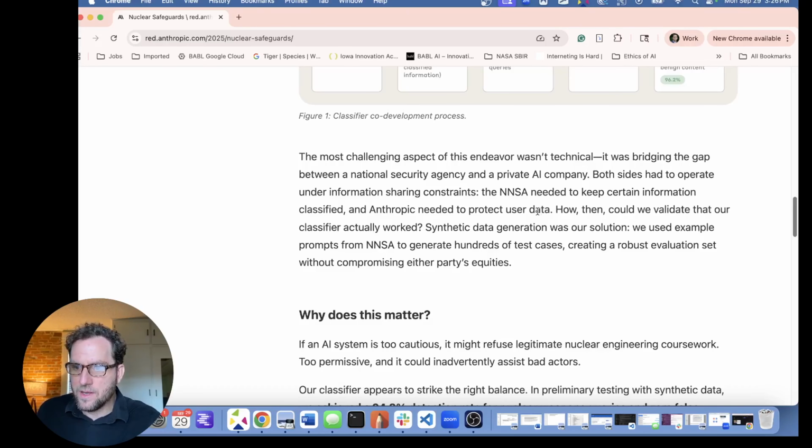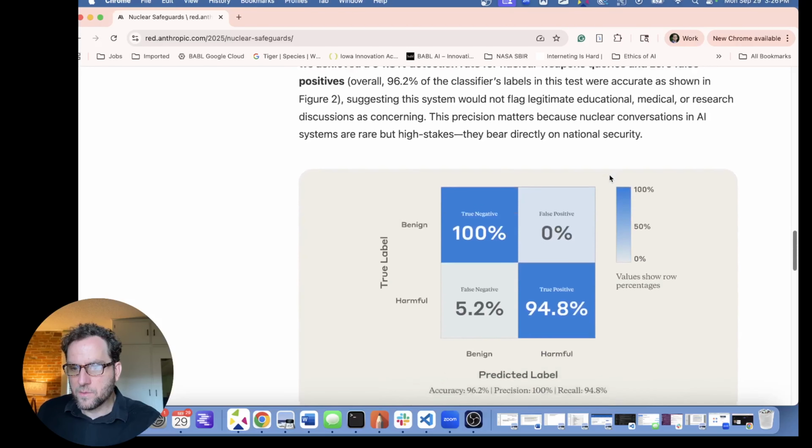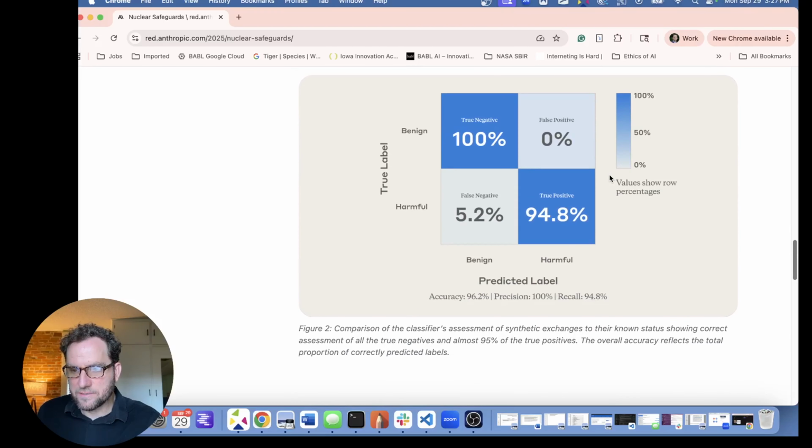And so what they did is they actually started using synthetic data. Synthetic data was used to get some examples based on the example prompts from the NNSA. And they got hundreds of test cases to create a robust evaluation set. Okay, so here's where they start presenting the results of their test.